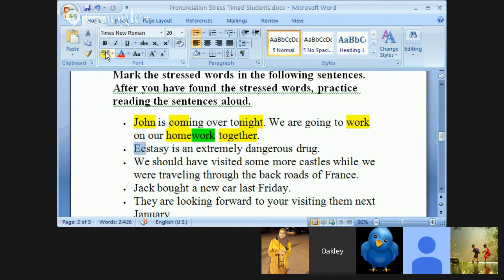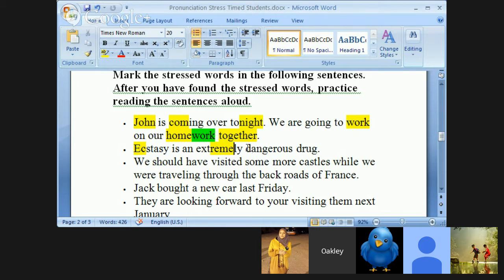So now I'm gonna highlight the normally primary stress syllables of our content words. Okay, and what else? Extremely. Okay, and what is the normal highlighted syllable? Extreme. Yeah, that's it. Very good.